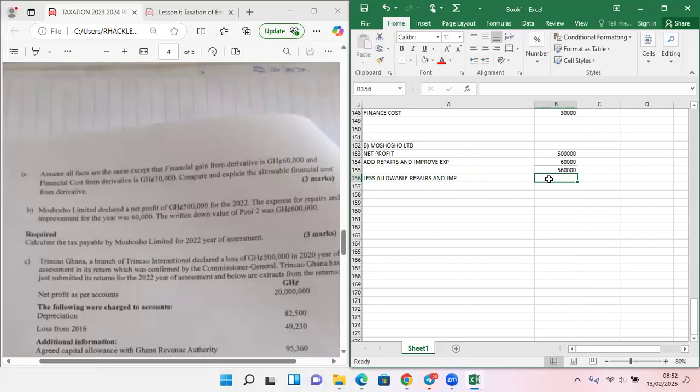Remember the allowable is 5% of the written down value. So 0.05, sorry, times the written down value.